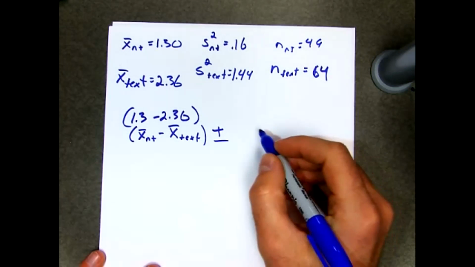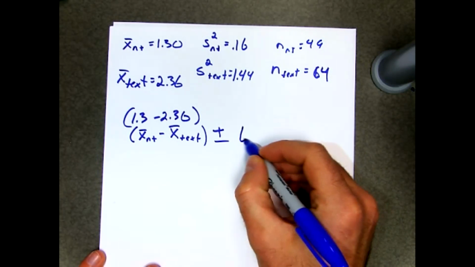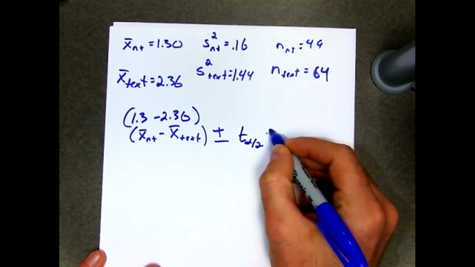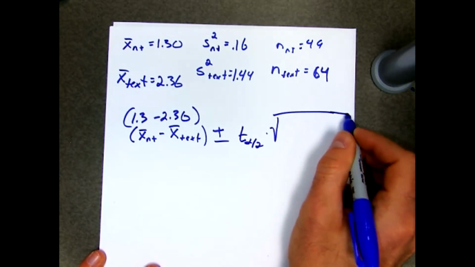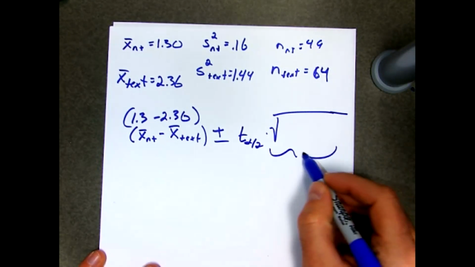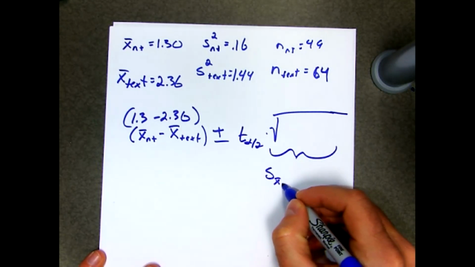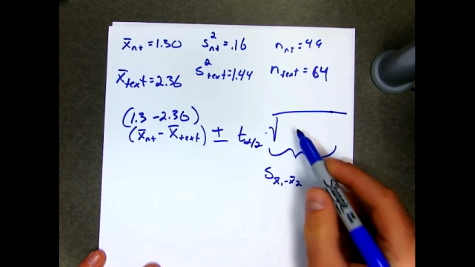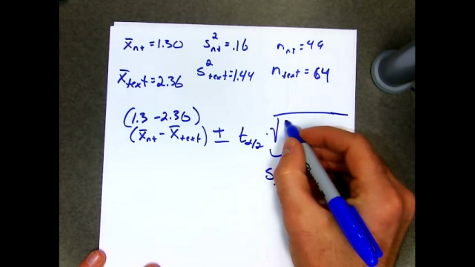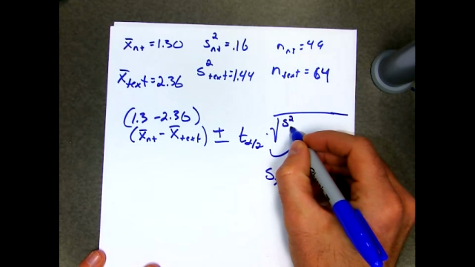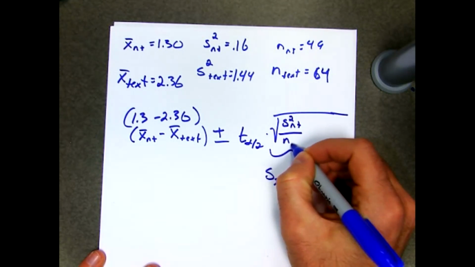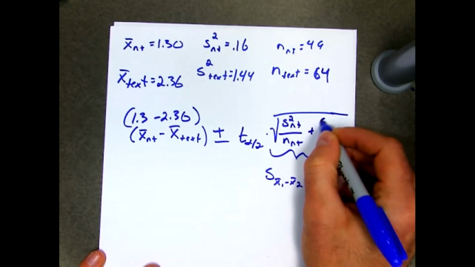From here, it's just a matter of plugging everything else in. So I've got to look up this t-value eventually. But here, this standard deviation for the difference in my sample means is just the square root of each group's sample variance divided by that group's sample size.